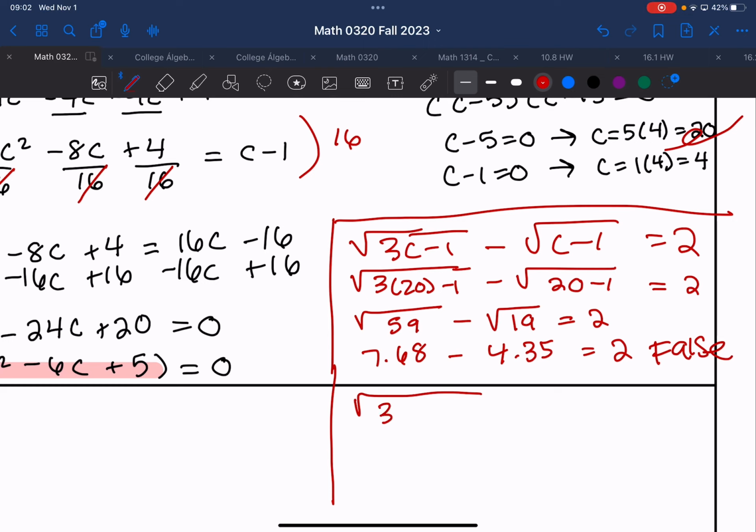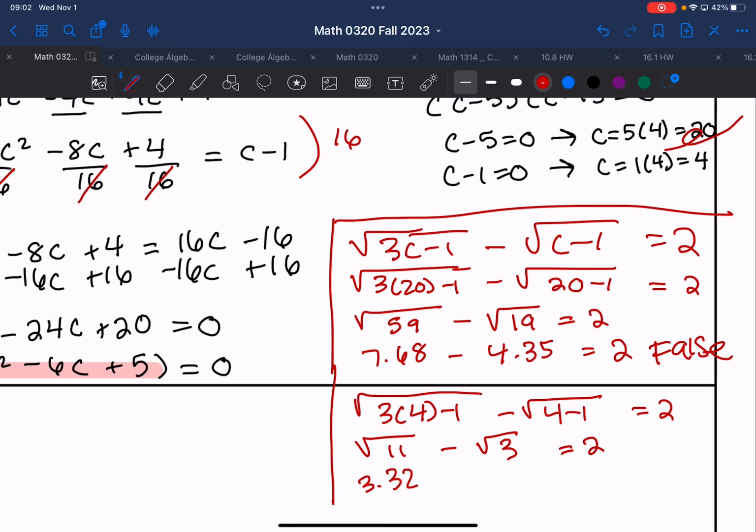Then let's check if we plug in 4. So the square root of 3 times 4 minus 1 minus the square root of 4 minus 1 equals 2. In the first square root, we have 12 minus 1, so 11. And then the square root of 3. So I'm going to do the same thing. The square root of 11, which is 3.32.